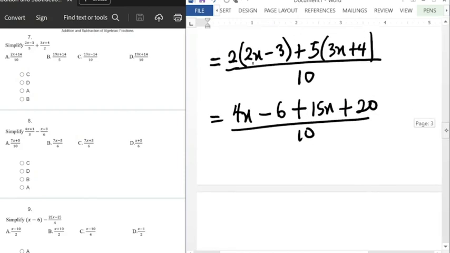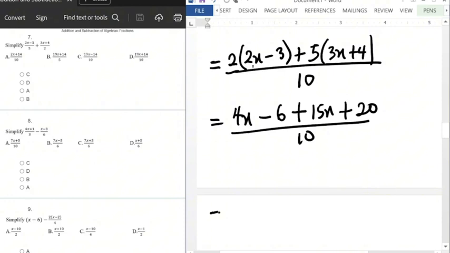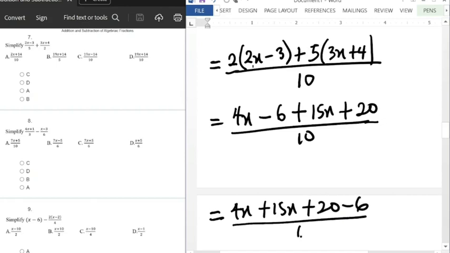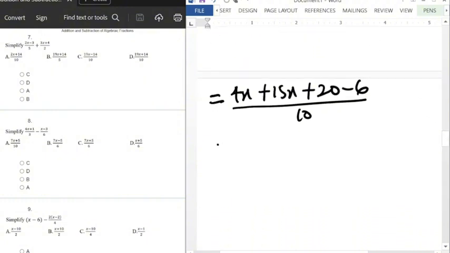Then we move on. If we collect like terms in the numerator: 4x plus 15x, then plus 20 minus 6, everything divided by 10. 4x plus 15x gives us 19x. 20 minus 6 gives us plus 14.